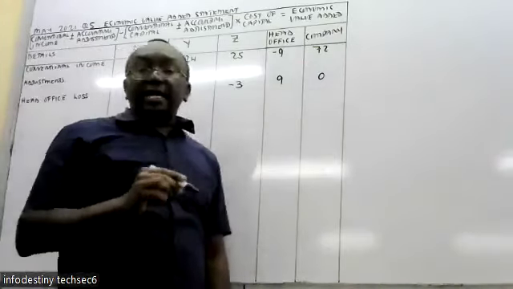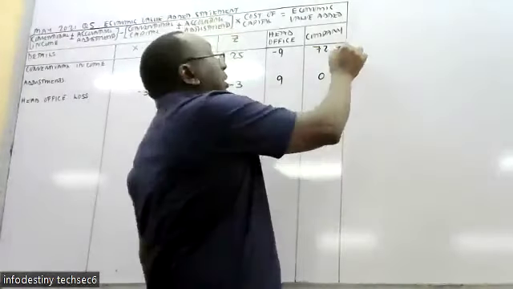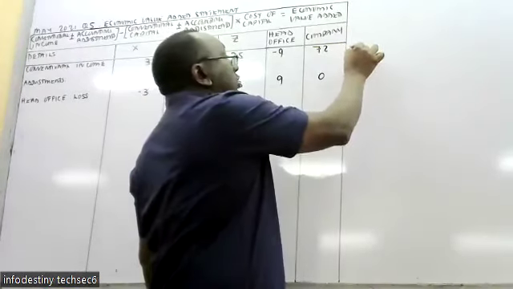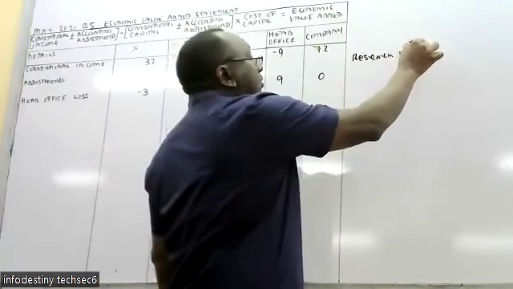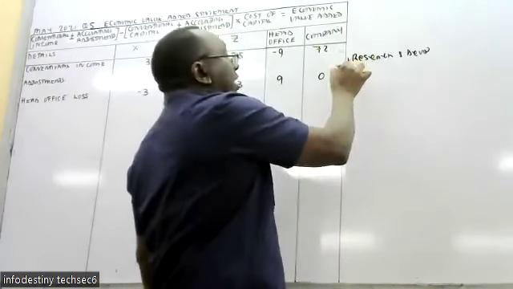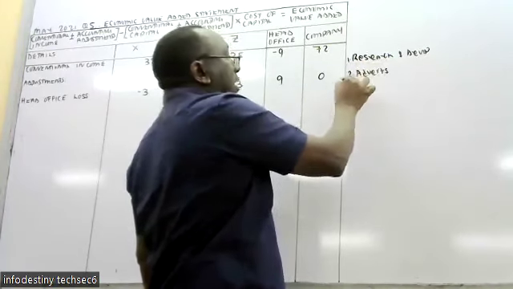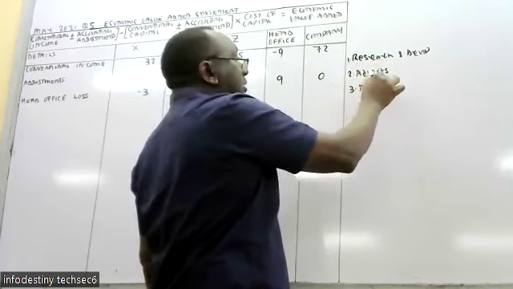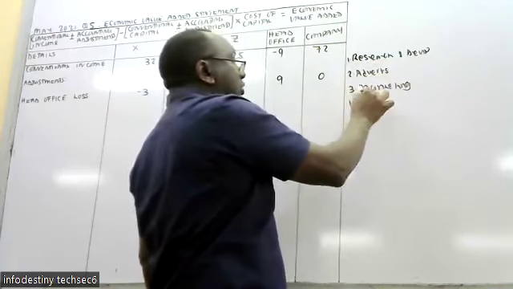Then I gave you a list of items that are supposed to be adjusted. That list includes research and development costs. Another one is advertising. Another one is marketing. Another one is non-cash.